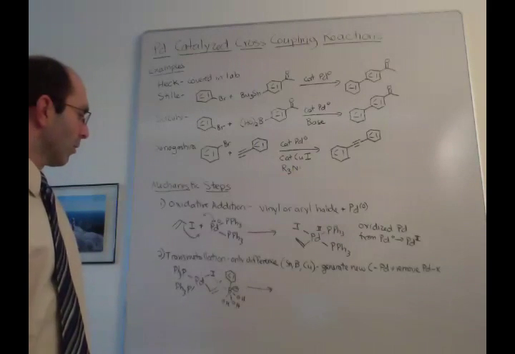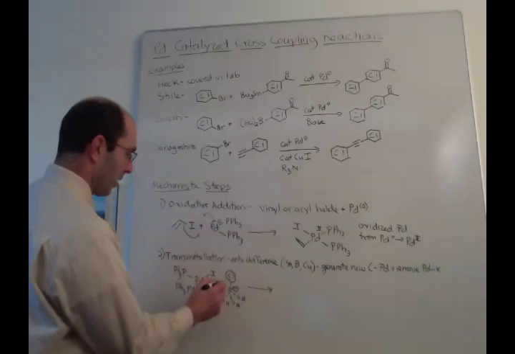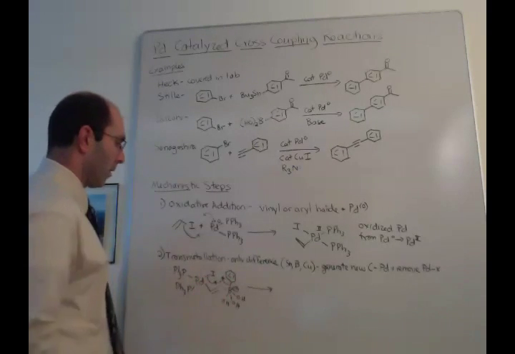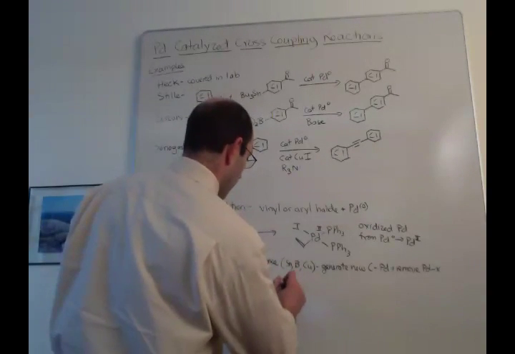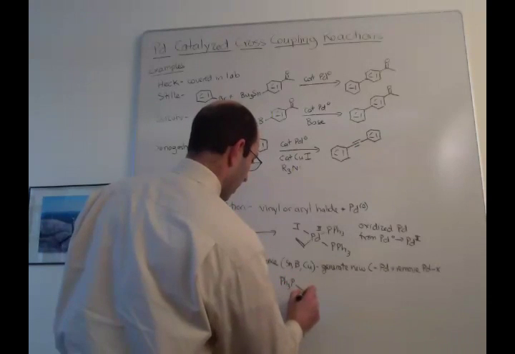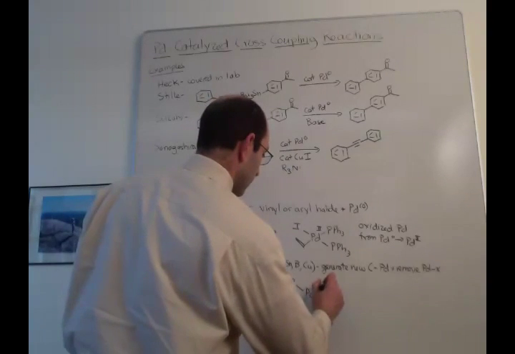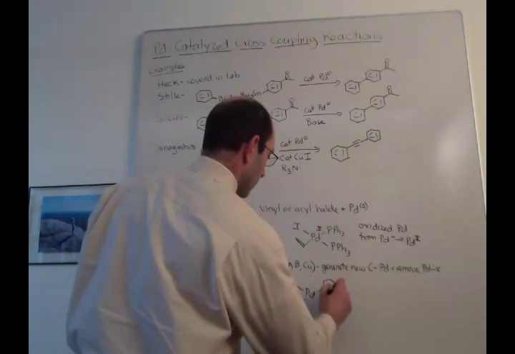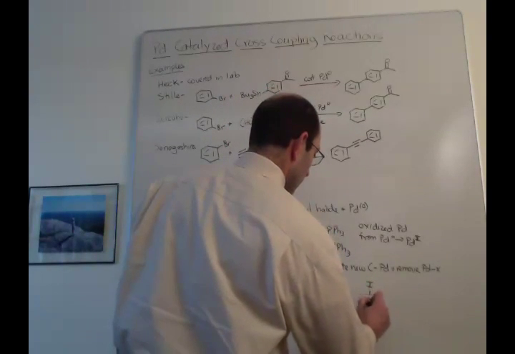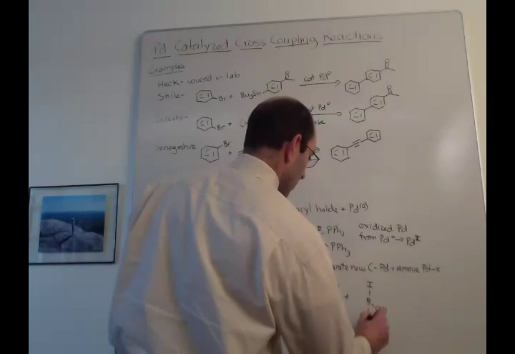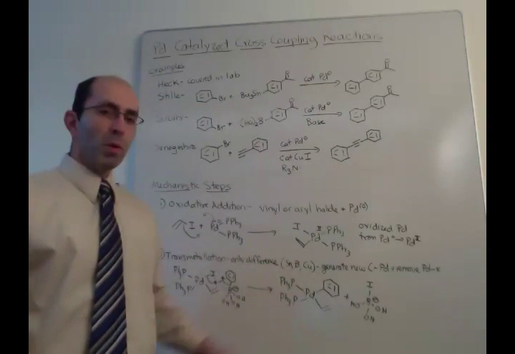We can draw the curved arrows in some way like this, where we have, in this case, the phenyl group and the iodine just switching spots, and then that will give us our new palladium species.